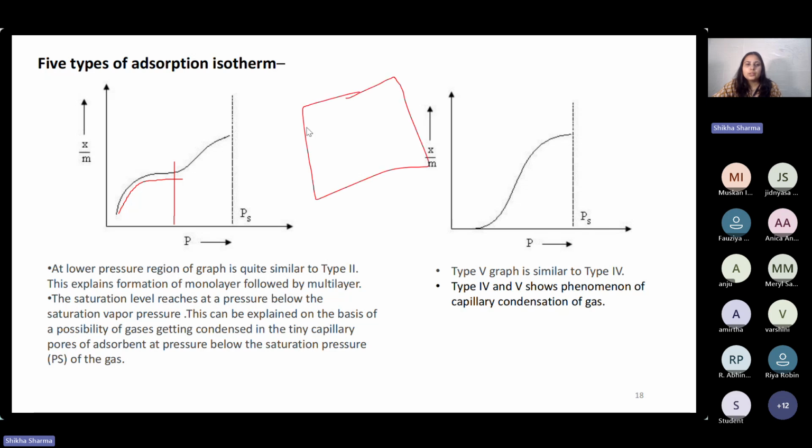If there is this particular food product, there will be different pores inside it. The water molecules will go and condense in these tiny capillaries, and because of that there is saturation. That's what we can see here.